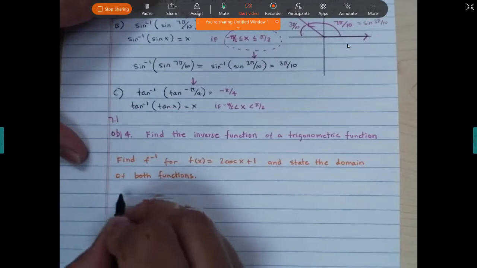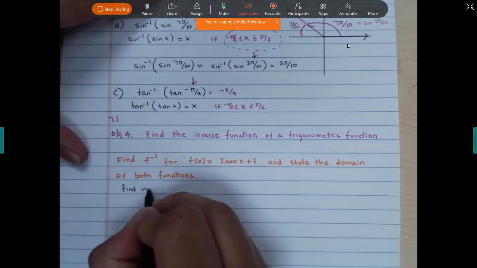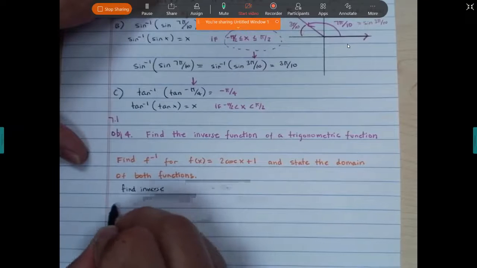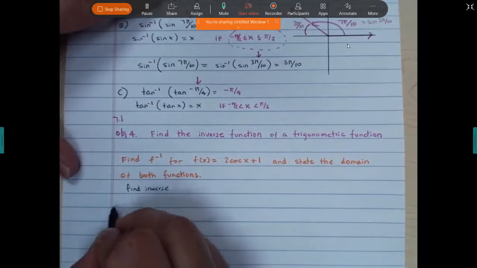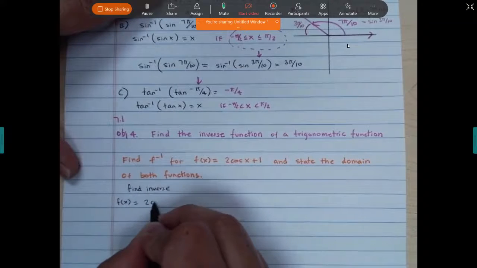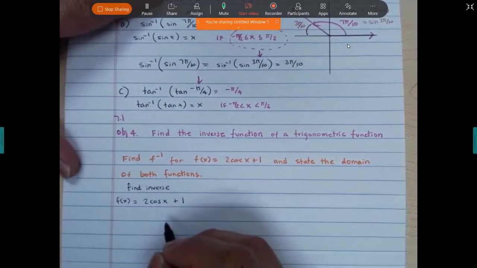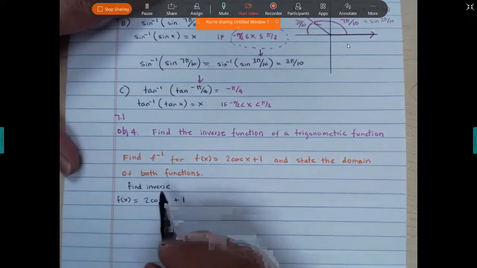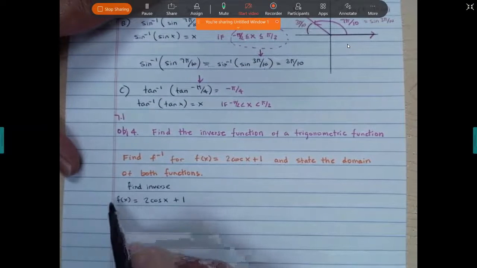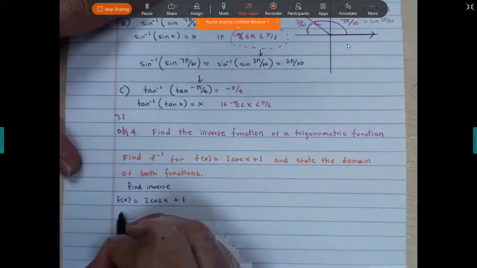So, to find the inverse, we do a couple of steps. f of x is equal to 2 cosine of x plus 1. The first thing I'm going to do is change from function notation to terms of y and x.